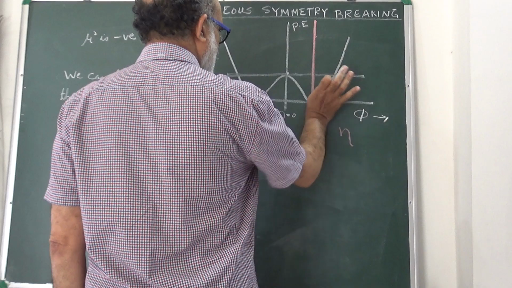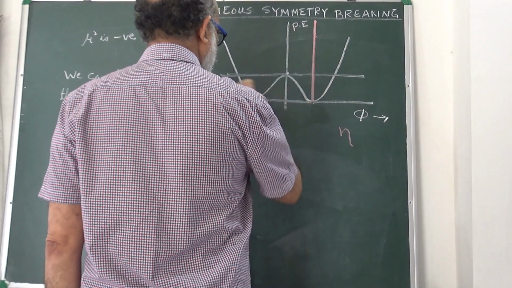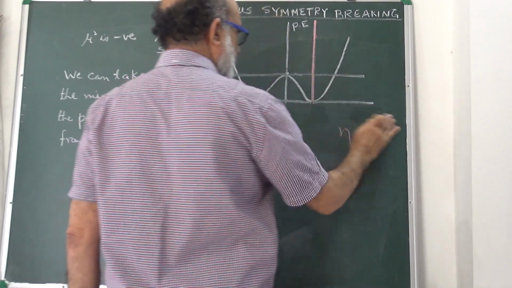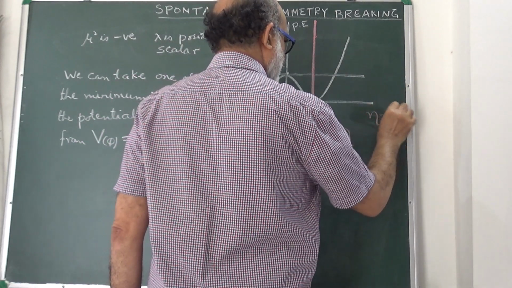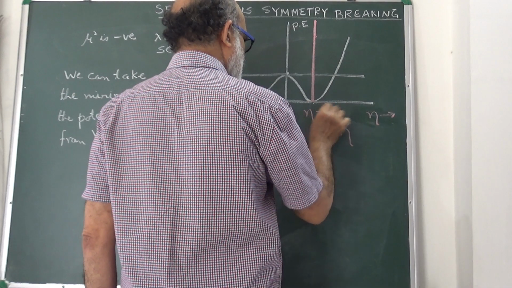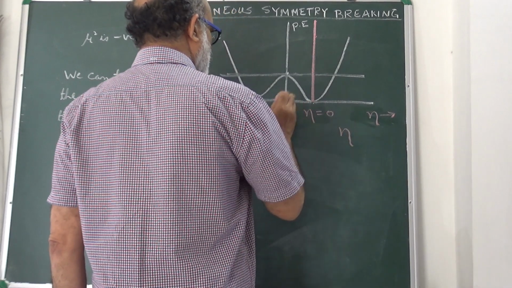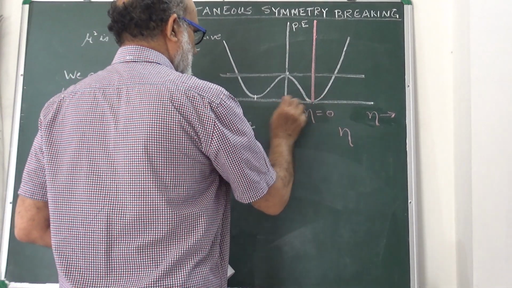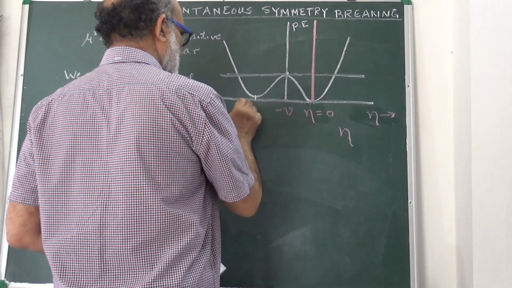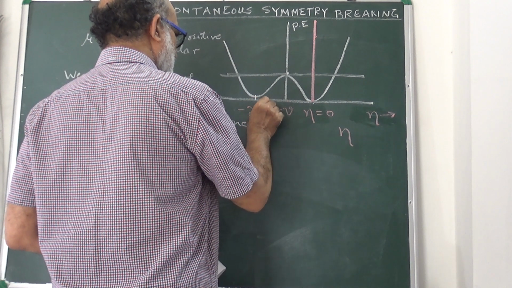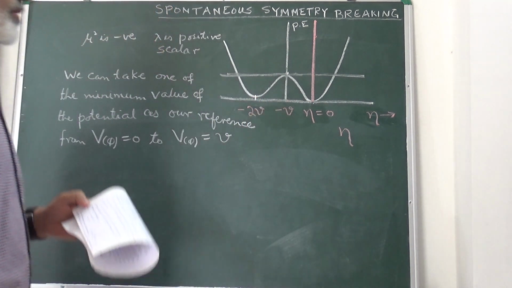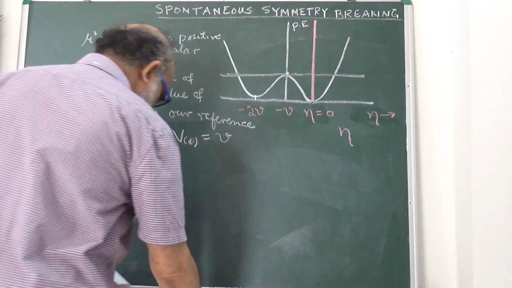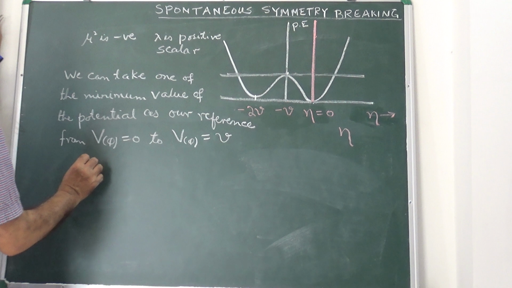So the value of eta is, if you take this as the eta field instead of the phi field, eta will be 0 here, it will be minus v here, and it's minus 2v here.